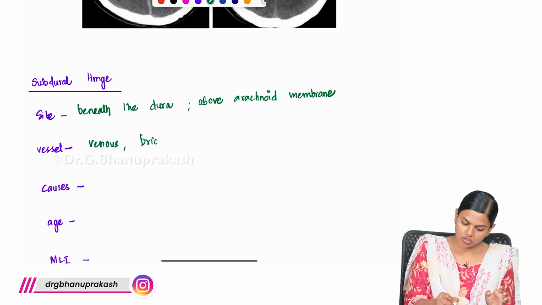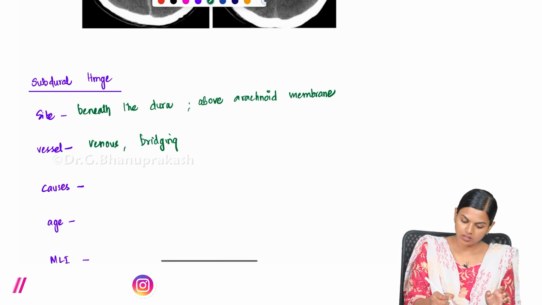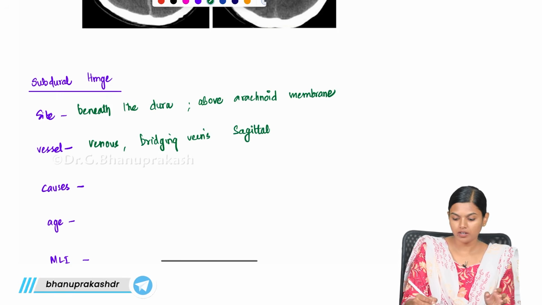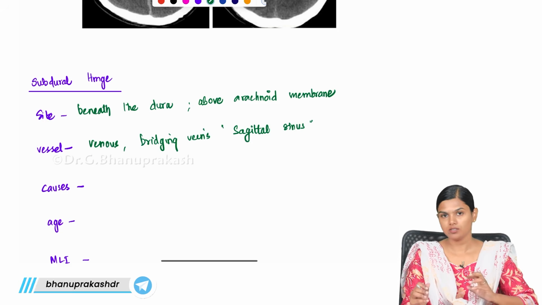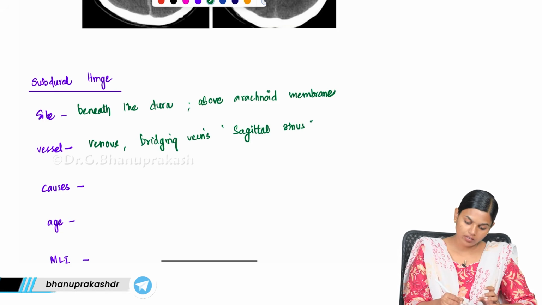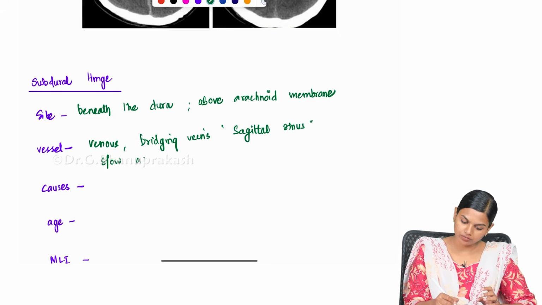These are bridging veins from the sagittal sinus. So this is the common vessel that will lead to formation of the SDH, and since it is a venous vessel, you get very slow accumulation.